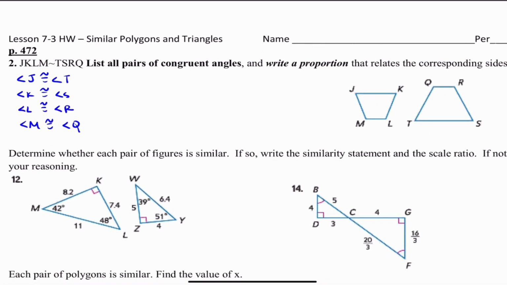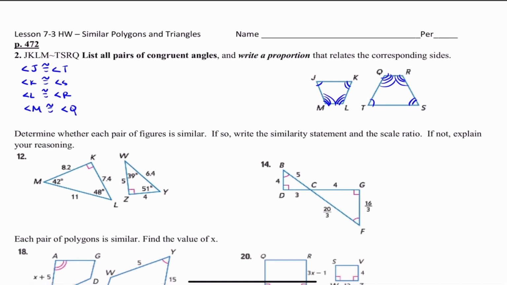Notice that over here we don't have anything marked, so we know first of all that angle J is congruent to angle T, angle K is congruent to angle S, angle L is congruent to angle R, and angle M is congruent to angle Q. So that is going to be helpful for writing our proportion here.